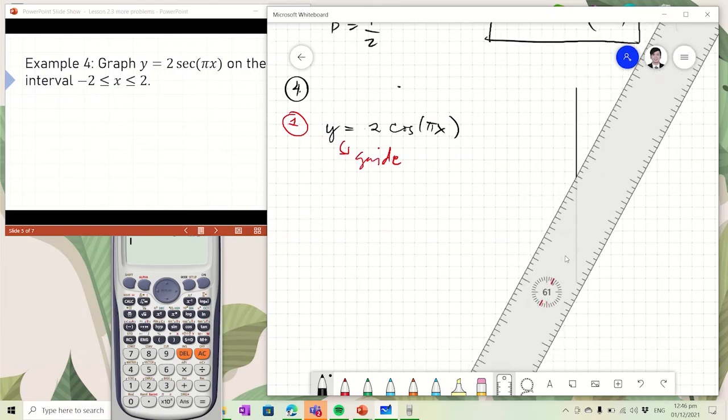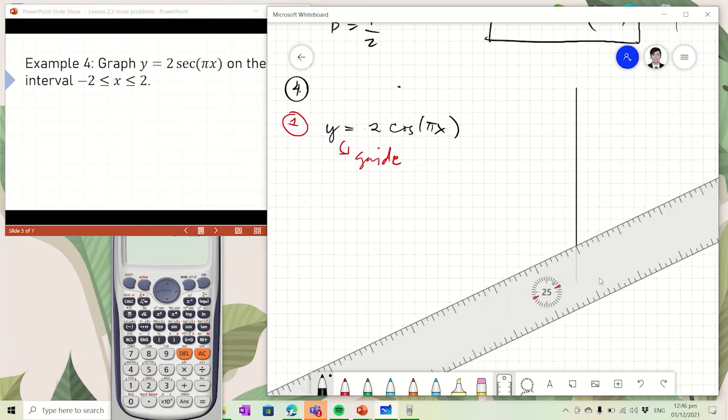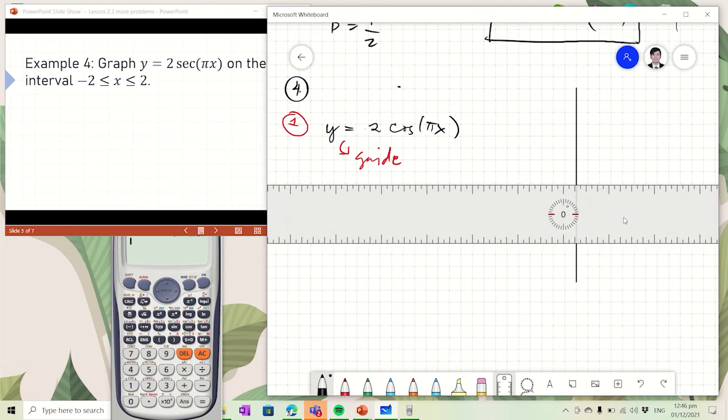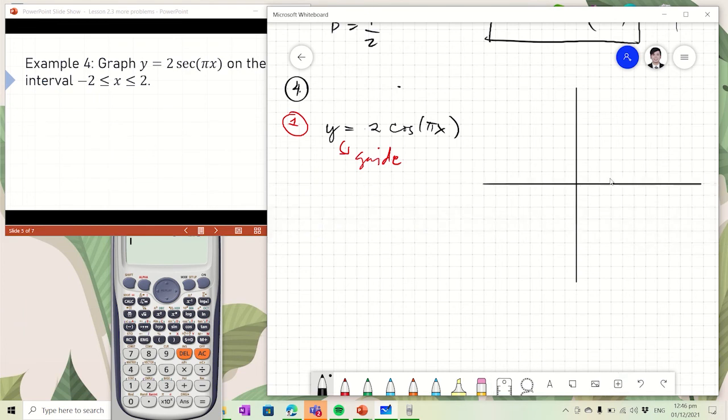Okay, and then horizontal. And then notice that the A here is a 2.